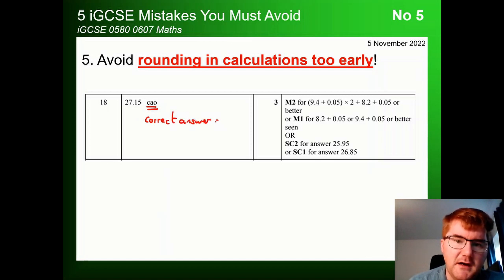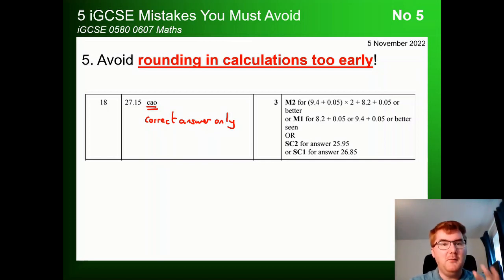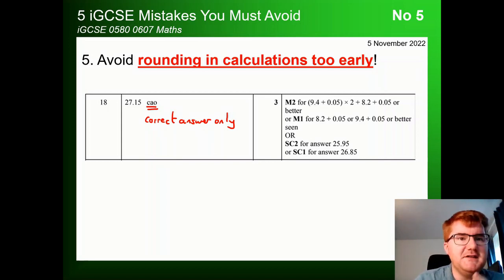So you could lose a mark even though you put down your final answer as 27.15 before rounding it. You could still lose it because you said 27.2 is that final answer. So really watch out for this. You need to round appropriately, and this is a classic question where actually having this to 4 significant figures or 2 decimal places is actually the correct answer and what you must write down.